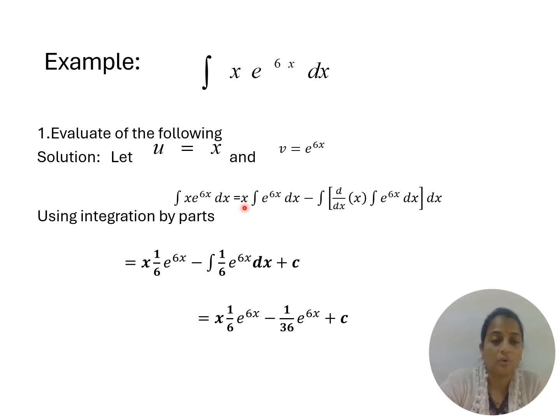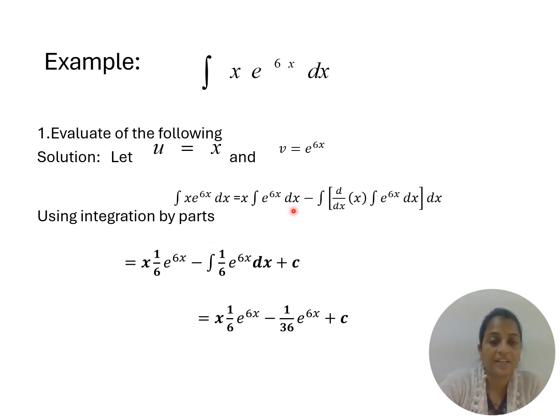So we put in the formula u, that means x, times integration of v, that means e to the power 6x dx, minus integration of the differentiation of u. In this example u is x, so put the value of x. Next, integration of the second function, that means v, e to the power 6x, so we write e to the power 6x dx, whole integration dx.